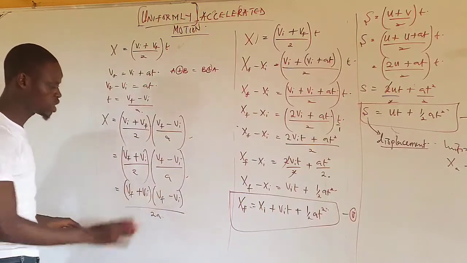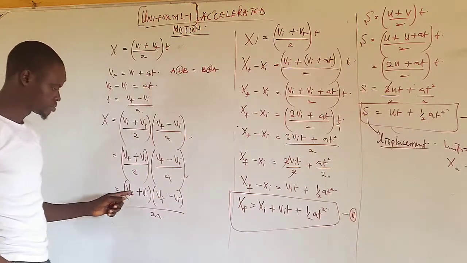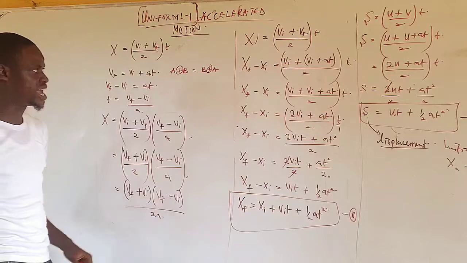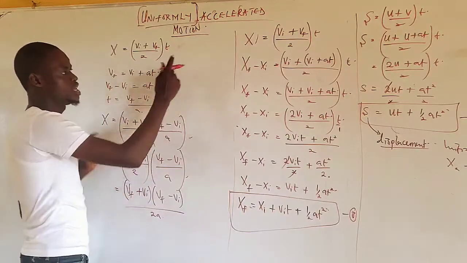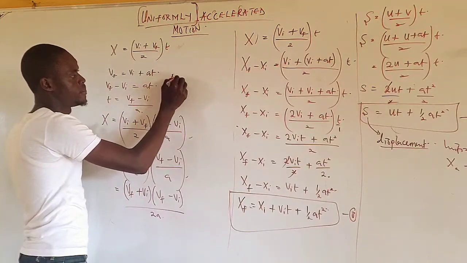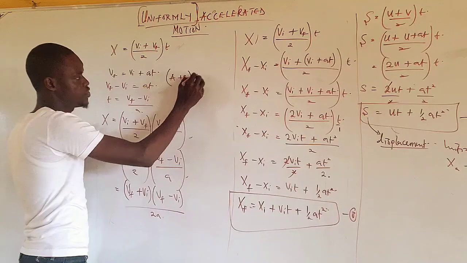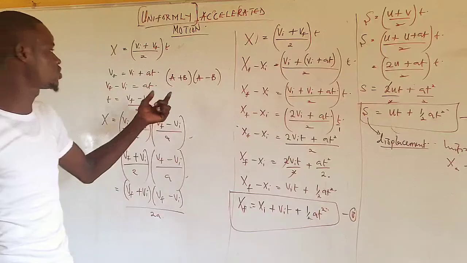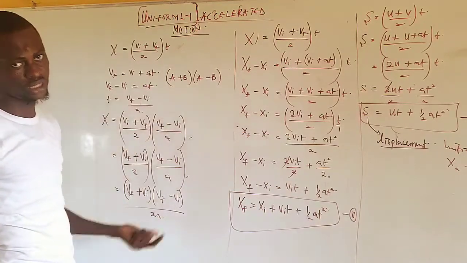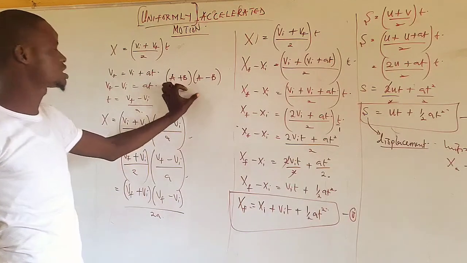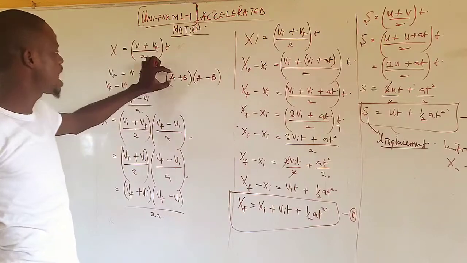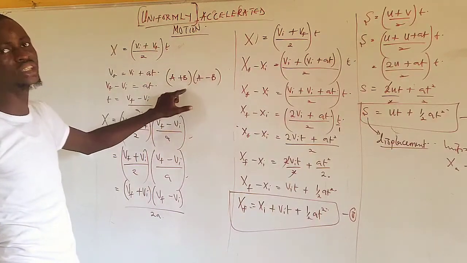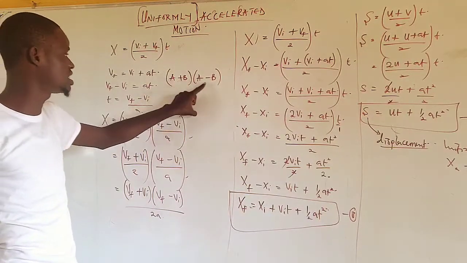But how do we go about this one here? Take a look at this. If you have a plus b and you have a minus b, we normally call this the difference of two squares. Are you getting that? The only thing that differentiates these in mathematics is the positive and the negative.